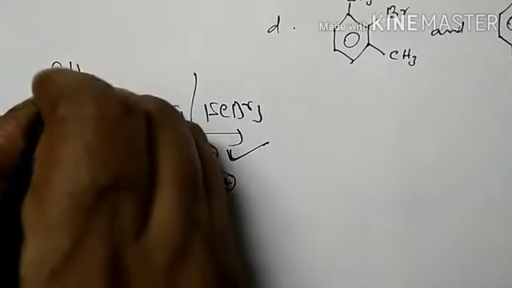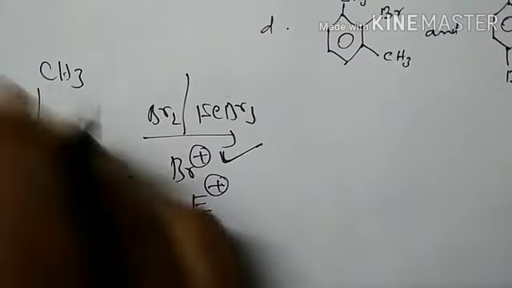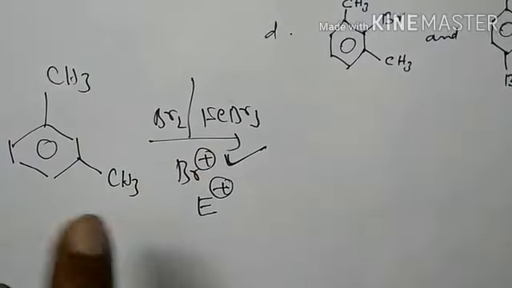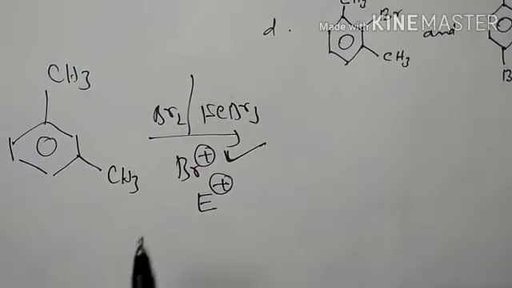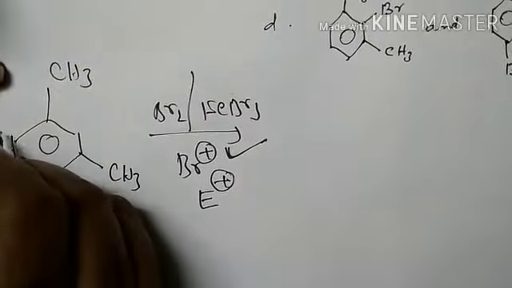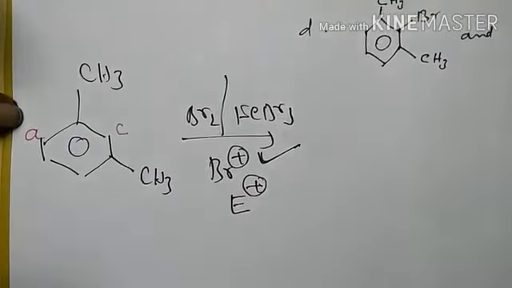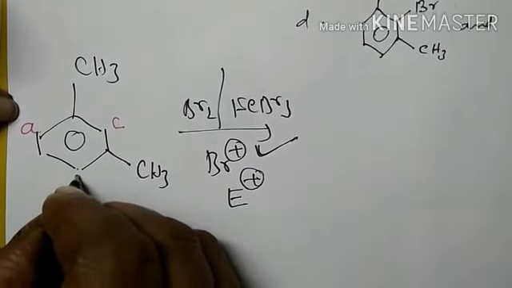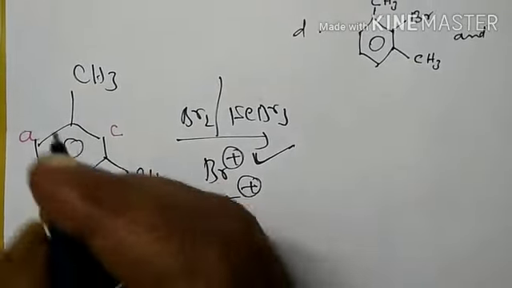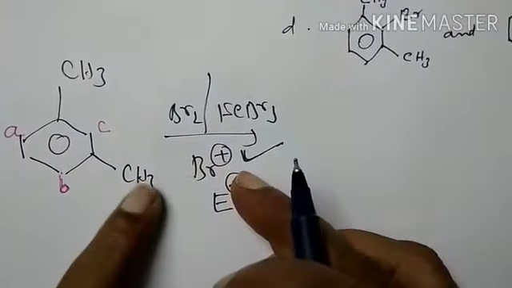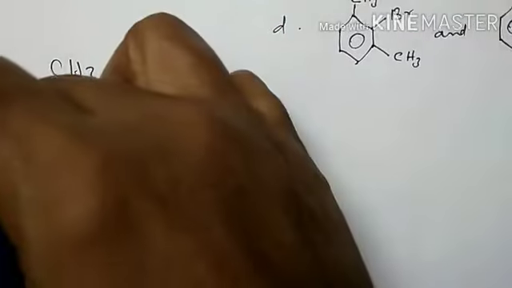Now let us see the substituent on the ring. This is deciding the position of the incoming group. So what are the positions favored? For this, I am going to give: this is your ortho position, and this is your para position. For this methyl group, both ortho and para.